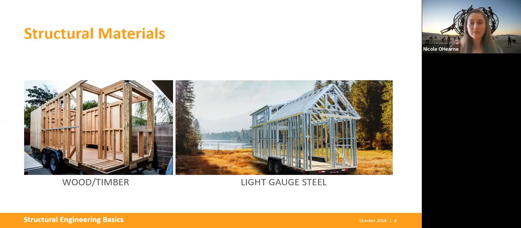So it's a really, really thin steel. You could think of it kind of like tinfoil, although it is thicker than tinfoil. And they make these steel studs, is what they're called also, that you can use to replace wood. And there's some benefits to that, like termites don't get into it. So those are two good materials for building tiny homes with.